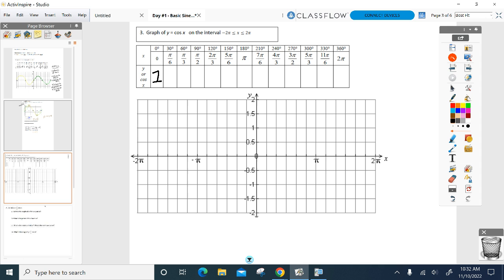The other values will look familiar. What at 30? 0.87? 1/2? 0? And then we keep going down, right? What is it? Negative 1/2 next? And again, that makes sense because look, 120 degrees, you're entering quadrant 2. Cosine's negative in the second quadrant.